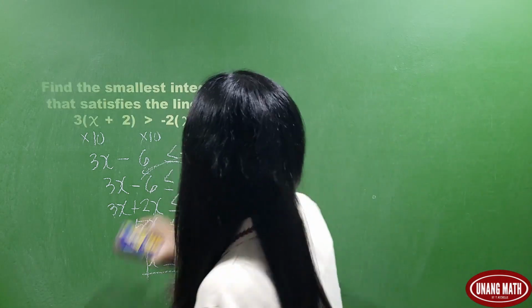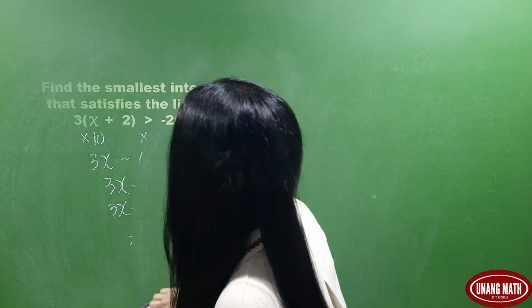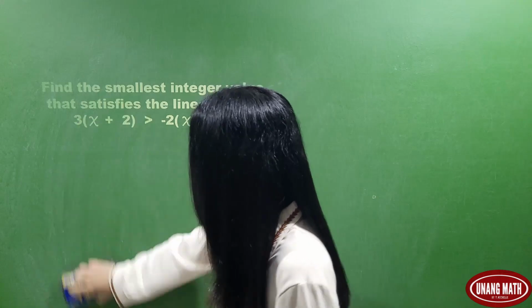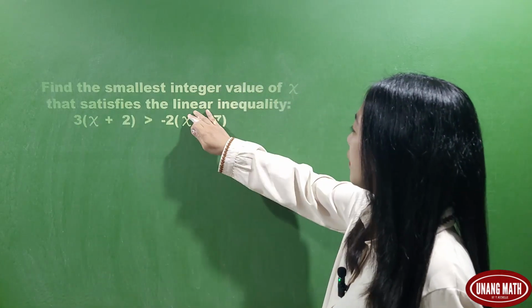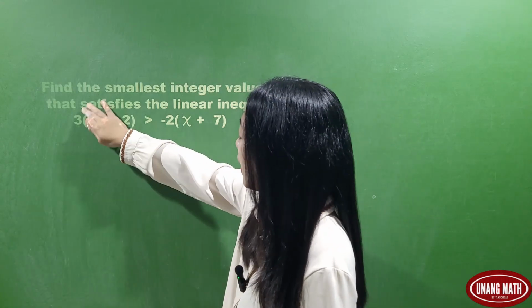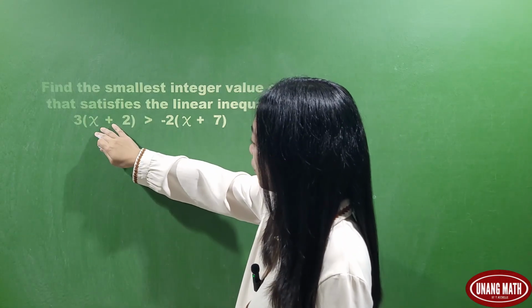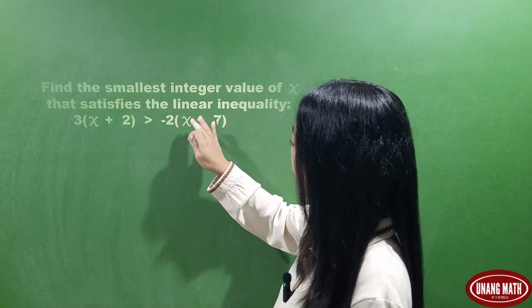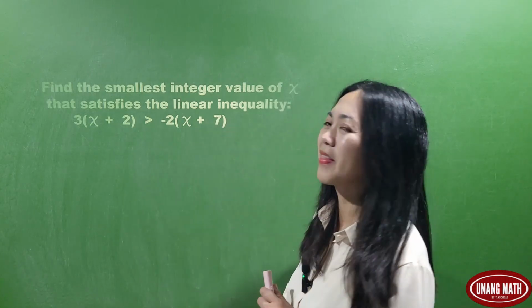Okay, and for the last problem, we have here, find the smallest integer value of x that satisfies this linear inequality. So we have here 3 times this expression x plus 2 inside the parentheses. This is greater than negative 2 times this expression x plus 7 inside the parentheses.